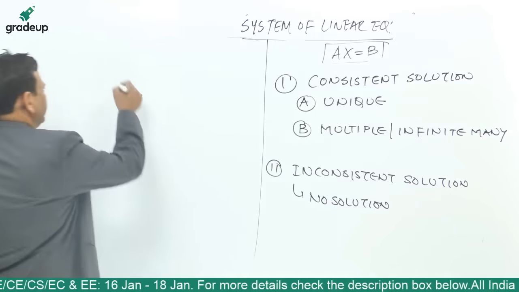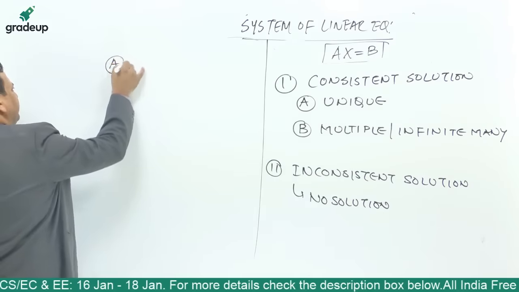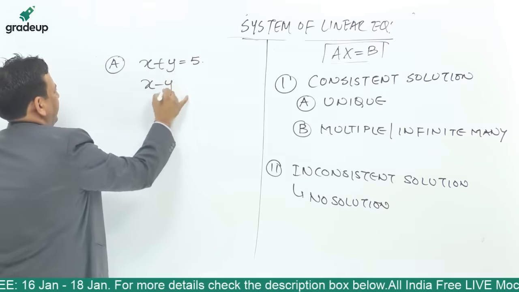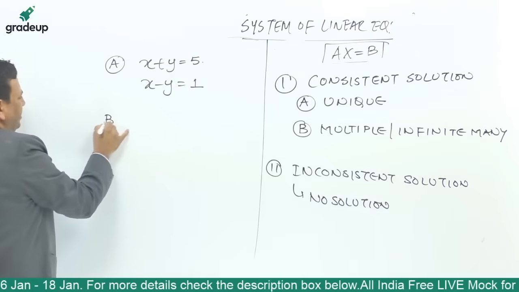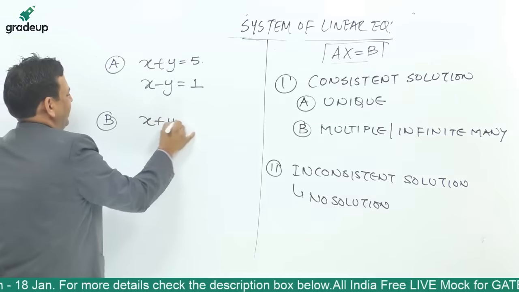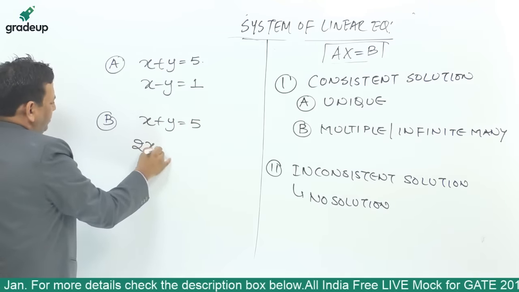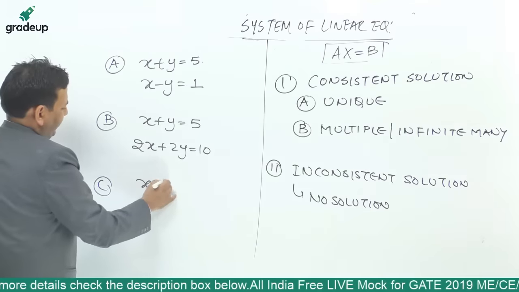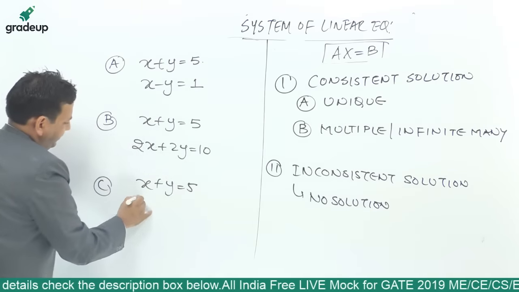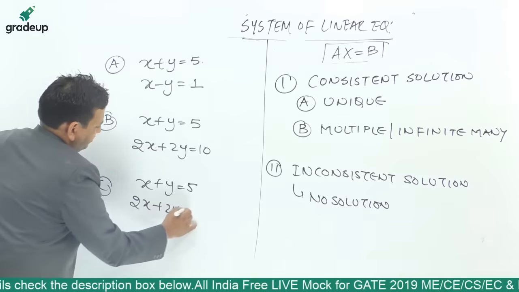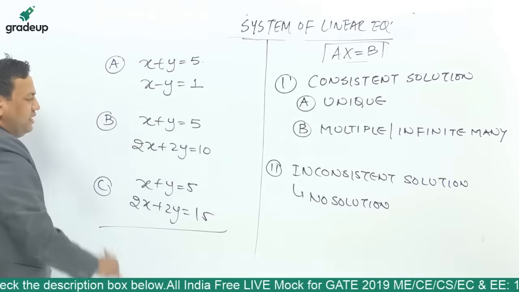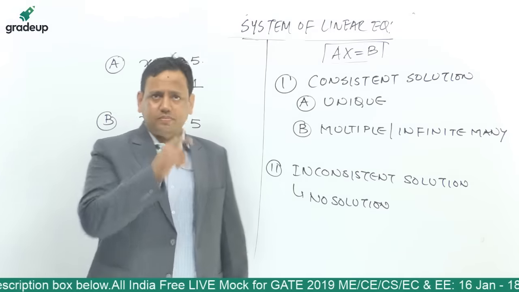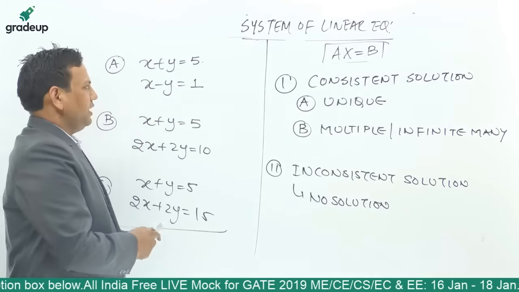Now I am writing some equations. First, I am writing x plus y is equal to 5, x minus y is equal to 1. B, we will say x plus y is equal to 5, 2x plus 2y is equal to 10. C, we say x plus y is equal to 5 and 2x plus 2y is equal to 15. So there are three different types of equations I am writing. Now, what is a solution?